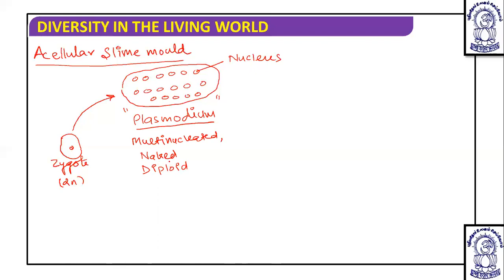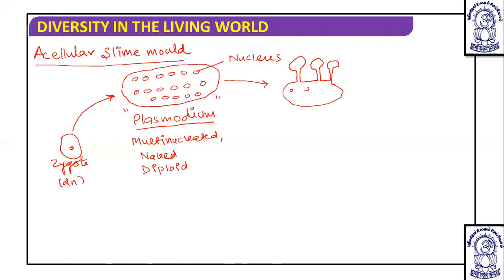They move by pseudopodia, but when there is some unfavorable condition, they form fruiting bodies. And multiple fruiting bodies like this form over the plasmodium.